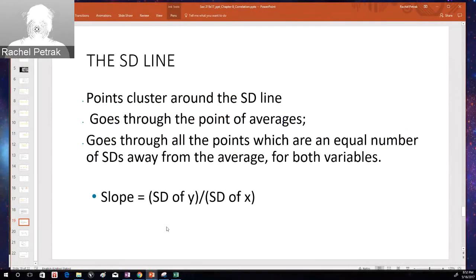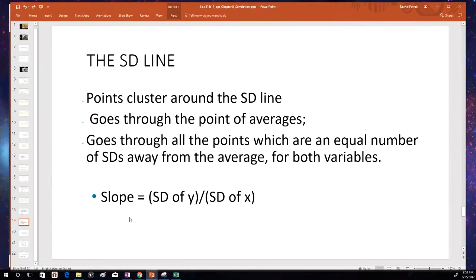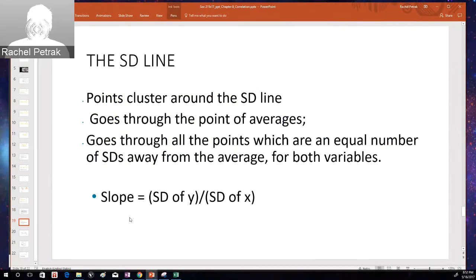And the slope of the SD line is always going to be the standard deviation of y over the standard deviation of x. And this is a mirror to the slope formula generally, where we've got rise over run. So we still have rise here, the y variable, and run, the x variable, except we're looking at now the standard deviation of y.